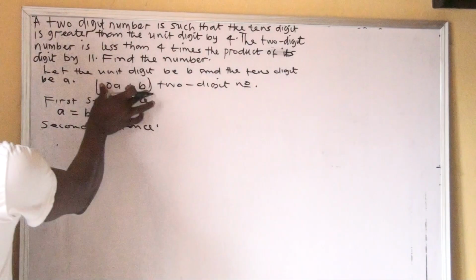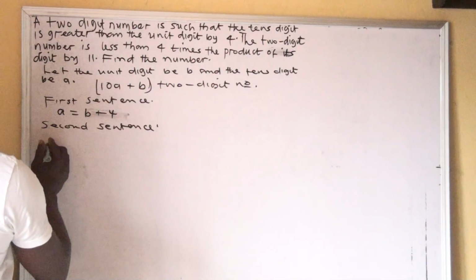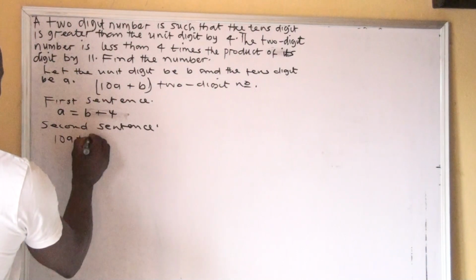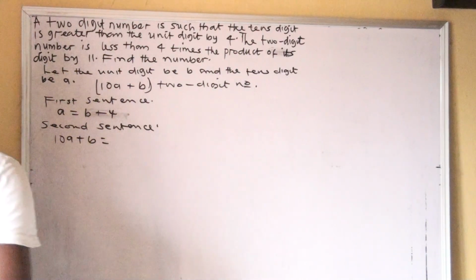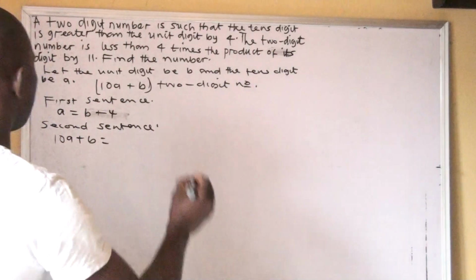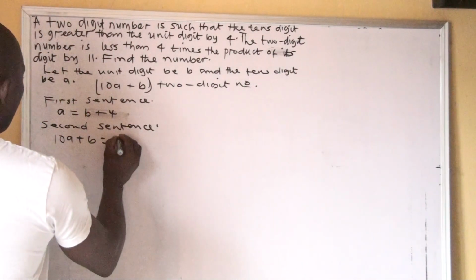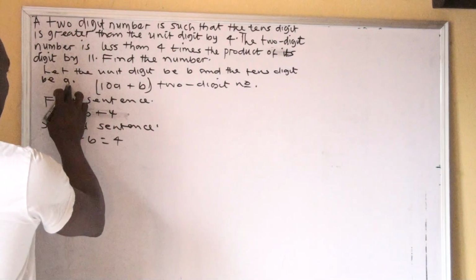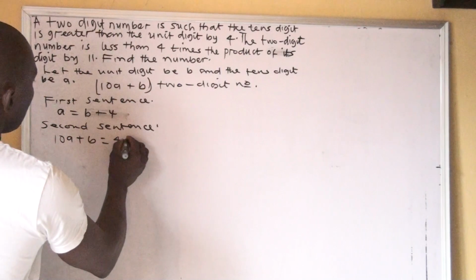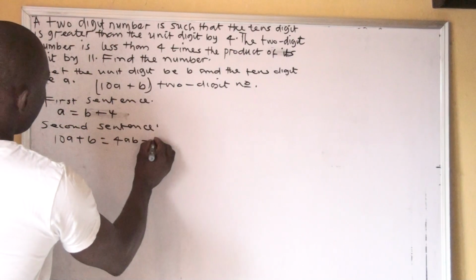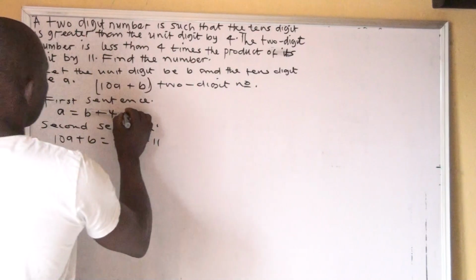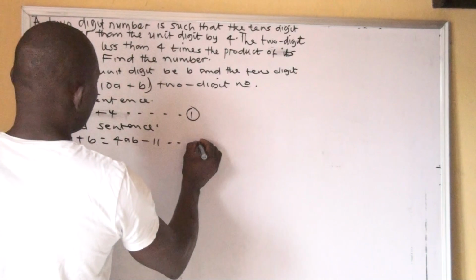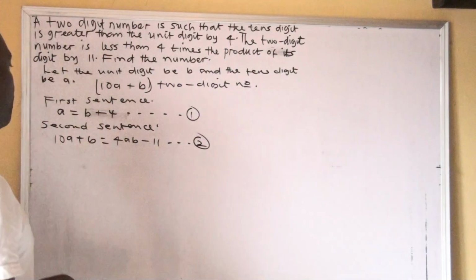So the two-digit number, which is 10A plus B, is less than 4 times, which is 4 bracket, the product of the number, AB, minus 11. Name the first sentence as equation 1 and the second sentence as equation 2.